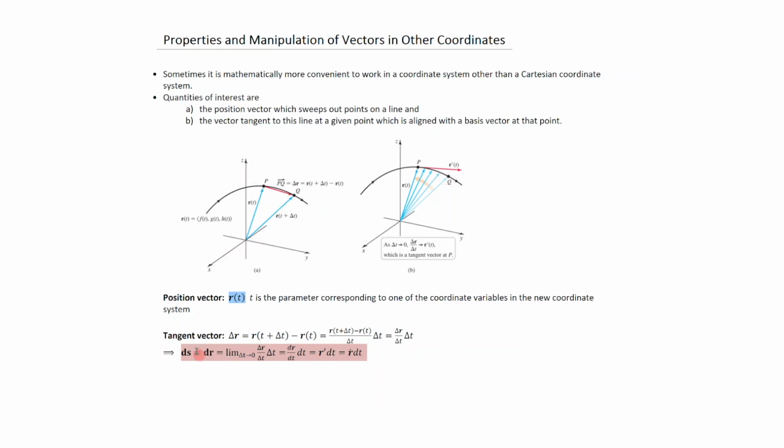Okay, so the tangent vector we can determine relatively simply. If we take the difference between this vector and this vector, then we establish this vector, which in this diagram is PQ. It's called delta R, which is just R of t plus delta t minus R of t. All right, so that's what we see here.